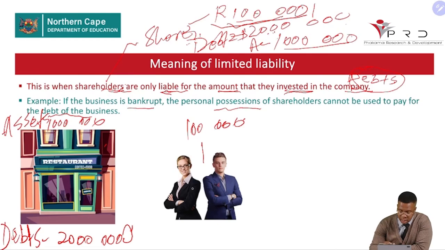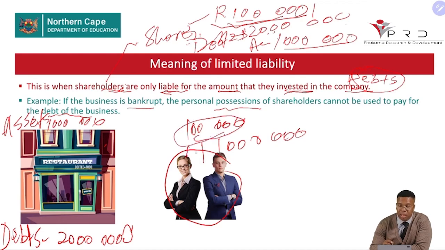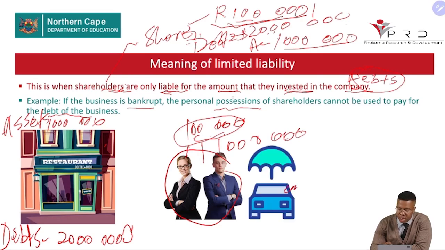So these shareholders' liability is limited to what they have invested. If one shareholder has invested 100,000, that shareholder will not use their personal assets, such as a car, to pay off the debts, because the debts of the business are worth 2 million and the assets of the business are worth 1 million. So that is what we mean with limited liability. It cannot be over what the shareholder has invested.